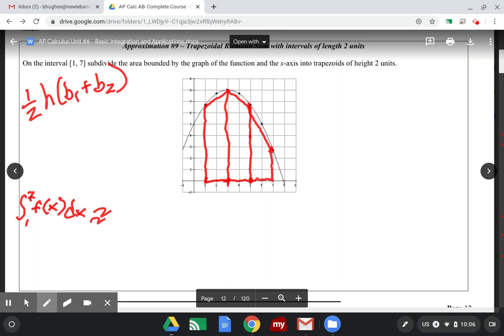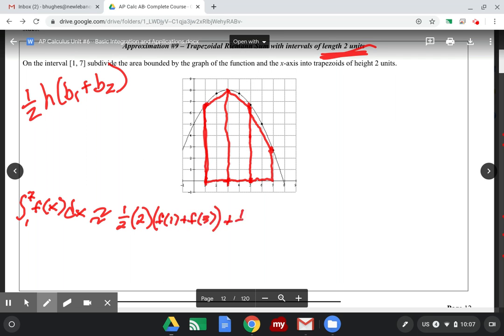So the very first one, I would have 1/2. The height of that trapezoid is 2 units, because that tells us right here. So length, yes, but we're really talking about the height of the trapezoid. Times, we have this length right here, which is f of 1, plus f of 3. So there's my area of my first trapezoid, and I just do that again.